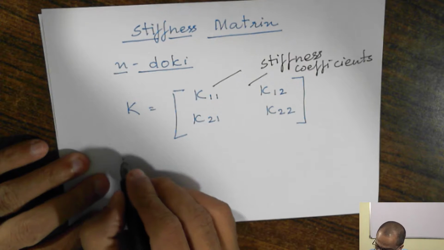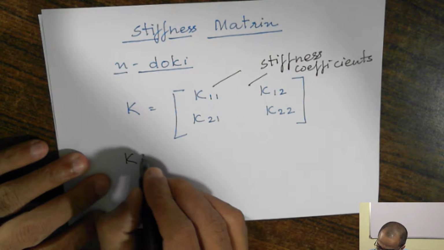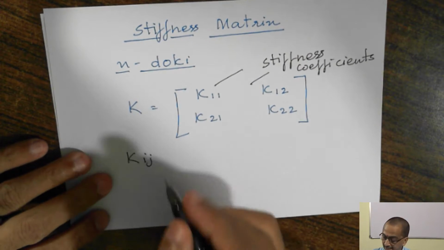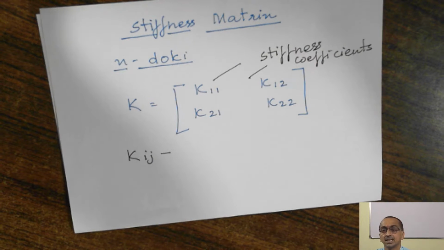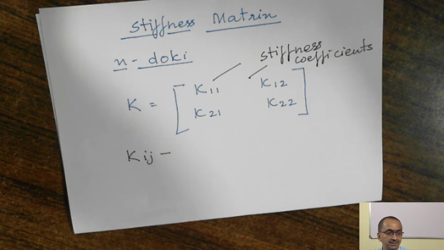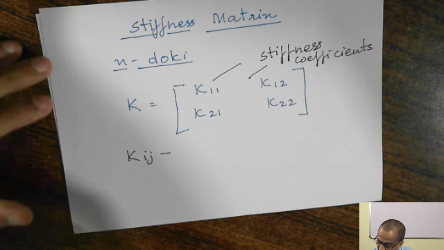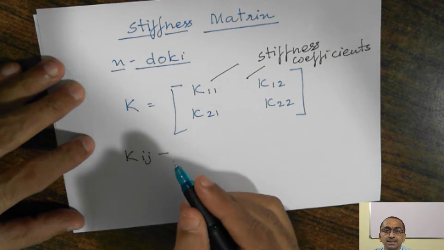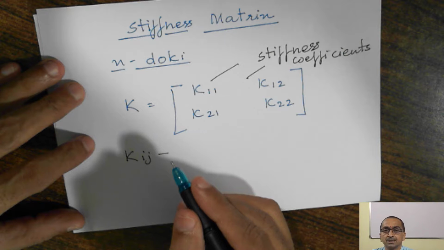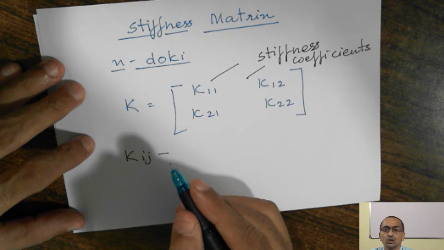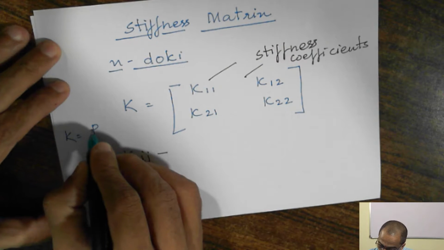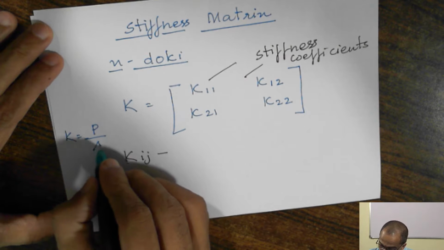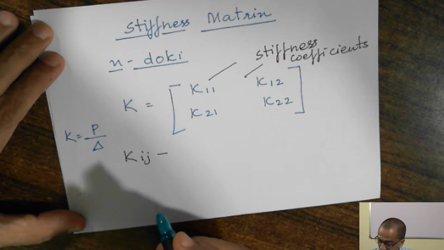Now, what do you mean by K11, or in general, what do you mean by Kij? If we revise, what is stiffness? Stiffness is the force required to cause unit deflection. So stiffness K is equal to P upon delta, force required to cause unit deflection.